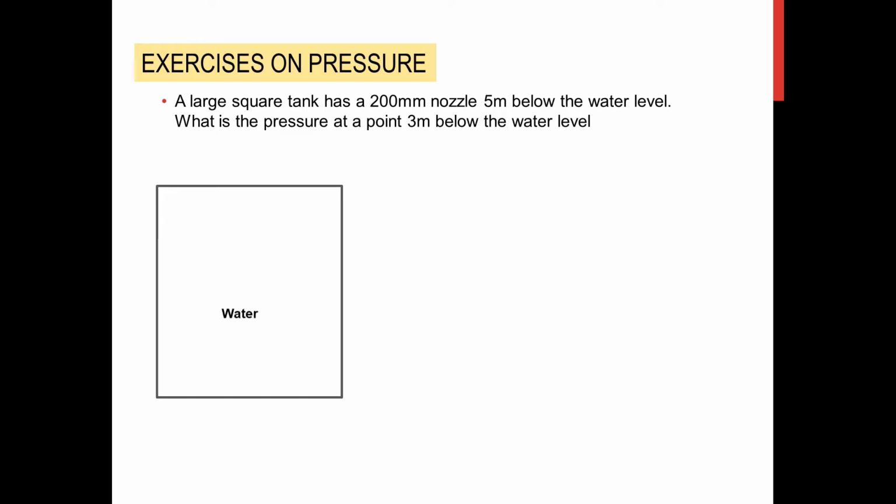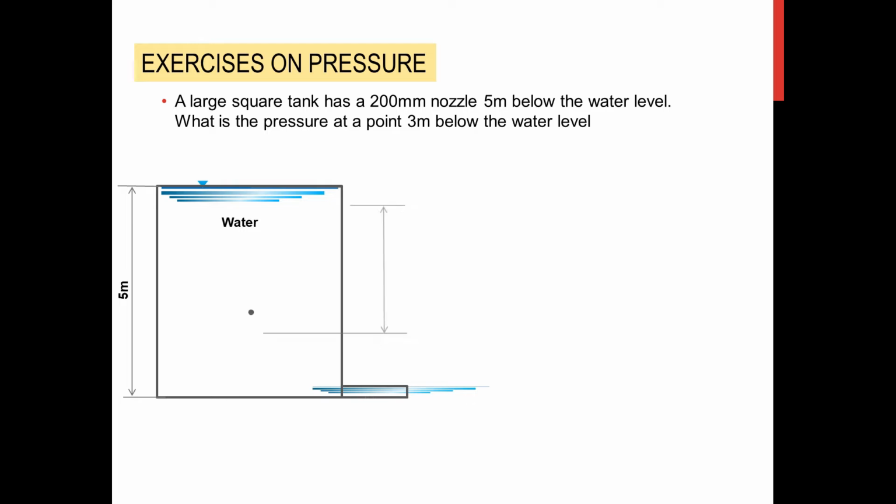Again, we illustrate the problem by having a water surface, and below that water surface 5 meters we have a nozzle. The question is, what is the pressure at the point 3 meters below the water level? So this is denoted by PA.